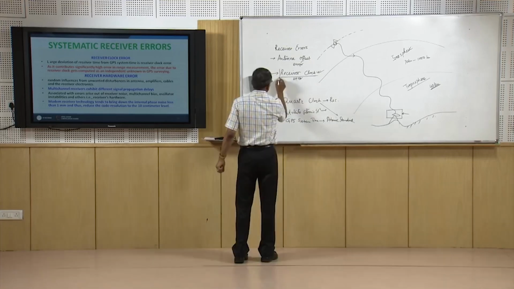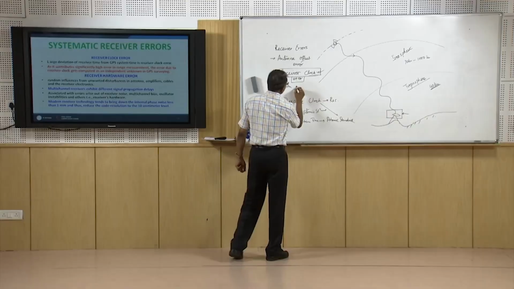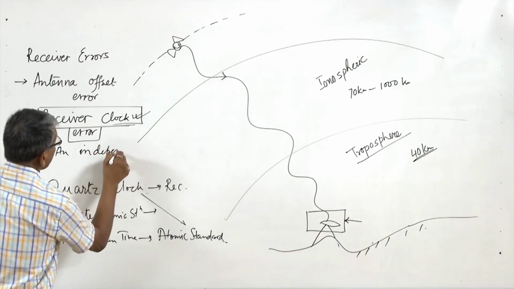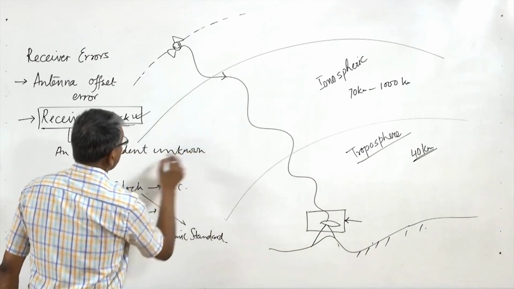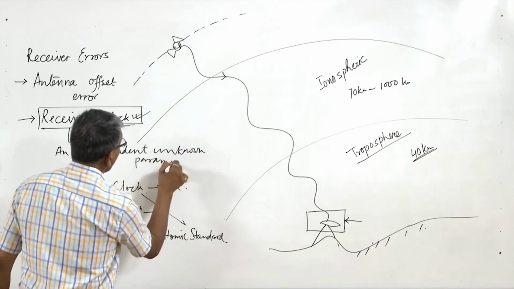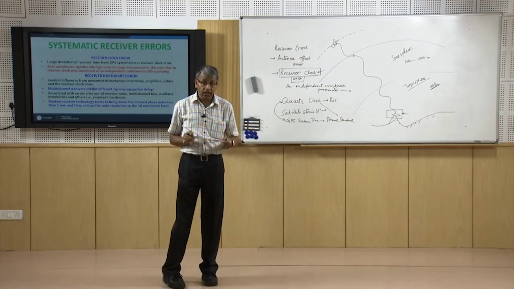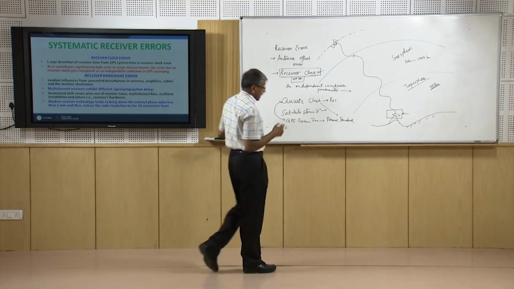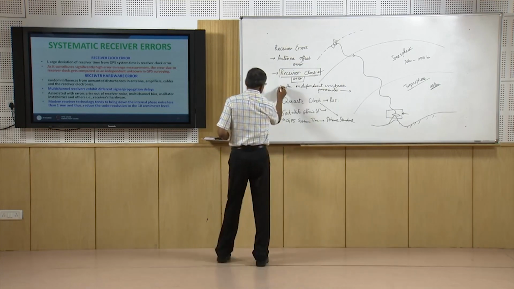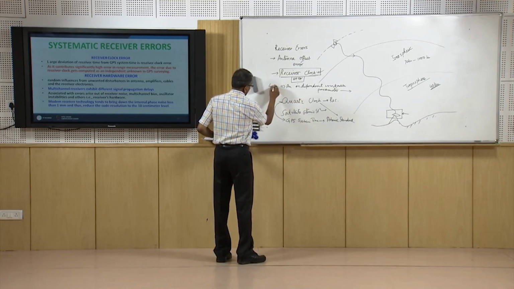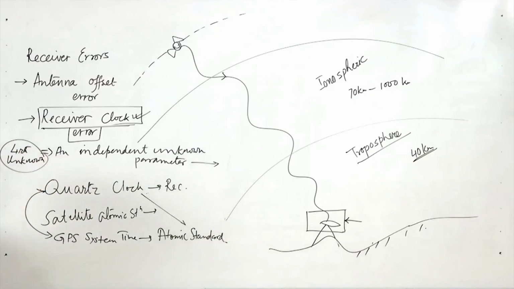So the error due to the GPS receiver clock is to be considered as an independent unknown parameter which we compute during positioning, and it is considered as the fourth unknown during GPS positioning.